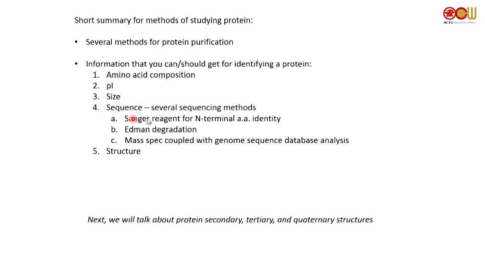You can get a sequence of the protein by using Sanger reagent for getting the first N-terminal amino acid identity, or you can use Edman degradation to get short segment reads, or you can use mass spec coupled with genome sequence database analysis. Okay, then you can get the sequence of your particular protein. You can get the structure of your protein. You should know how to do that.